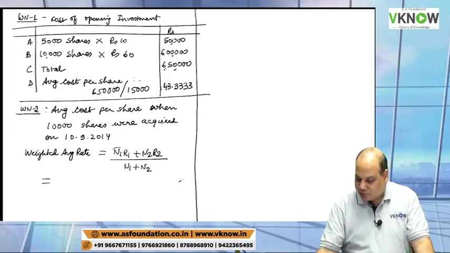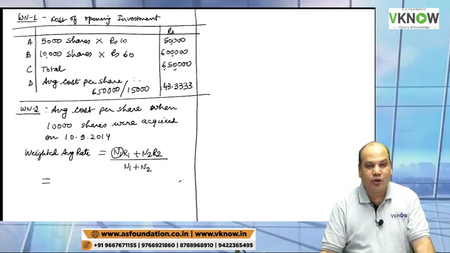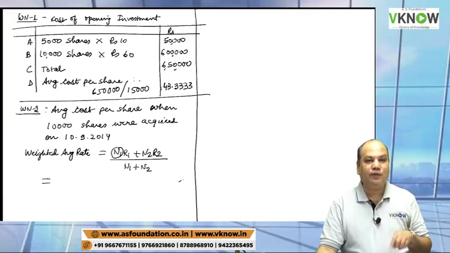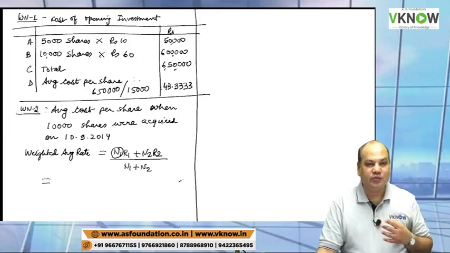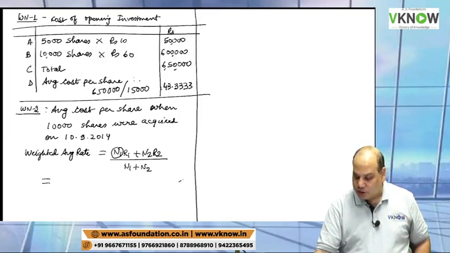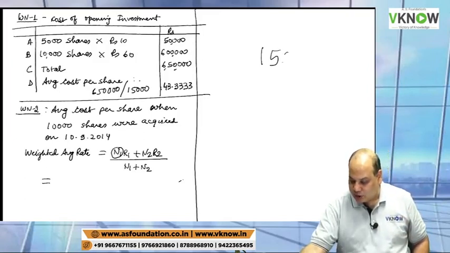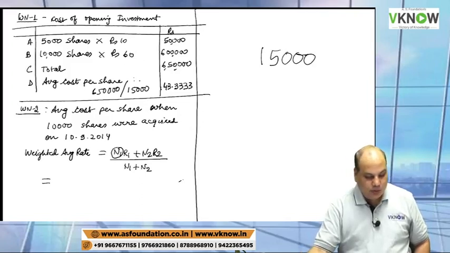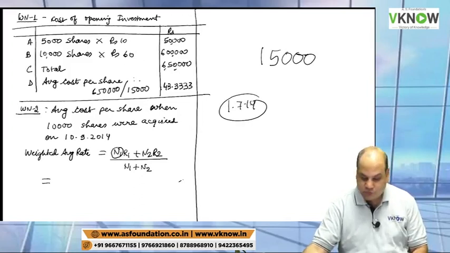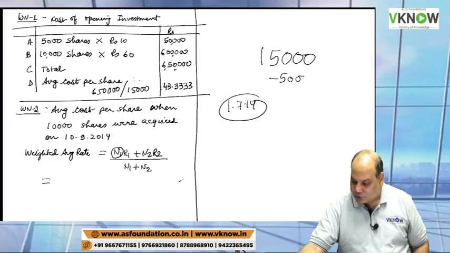What is the meaning of N1 here? Number of shares held before the new purchase was made. So how many shares are you holding before the new purchase was made? You have 15,000 shares in the opening balance. But on 1st July 14, you can see in the next line of your question, 5,000 shares sold.